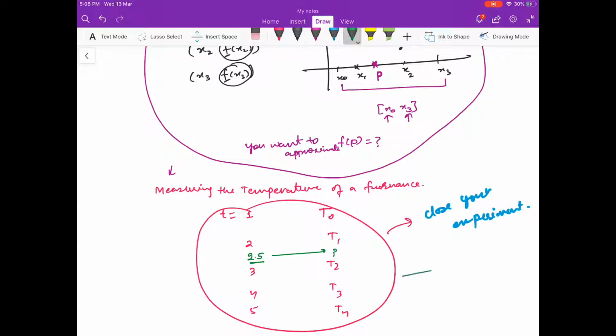So you have two options: either you repeat your experiment, which will be costly and time consuming, or you seek the help of mathematics.